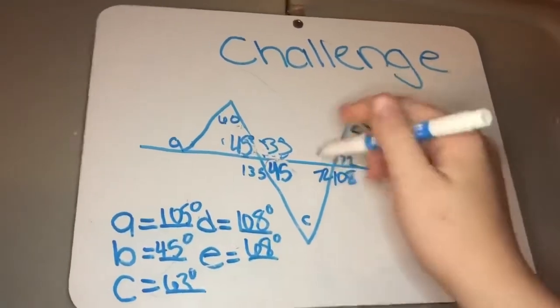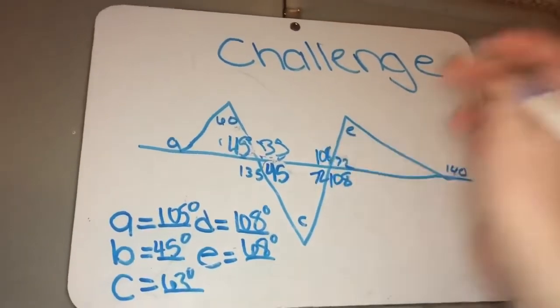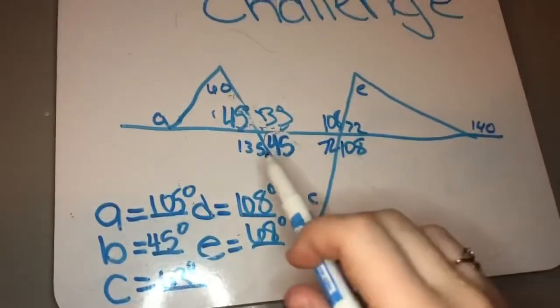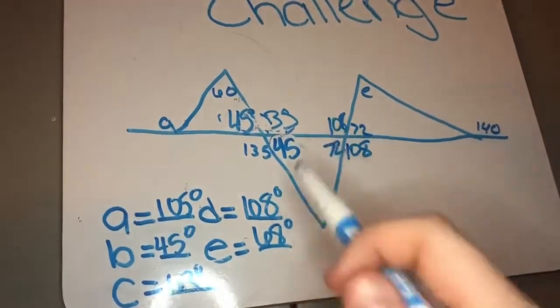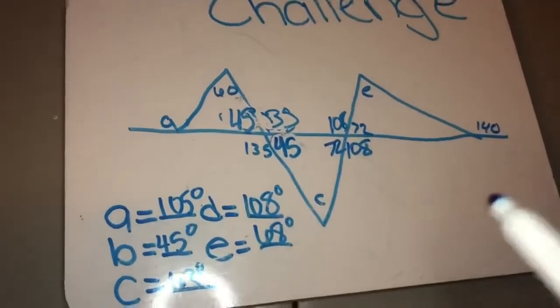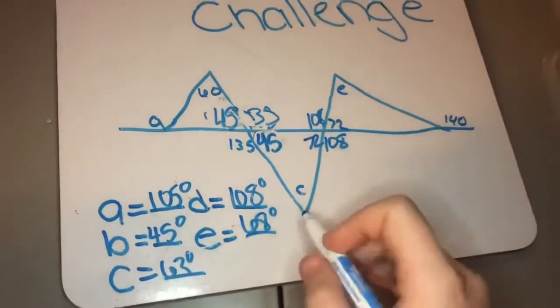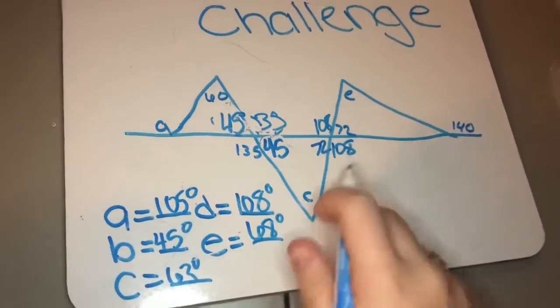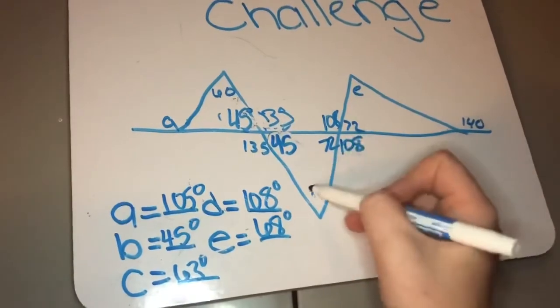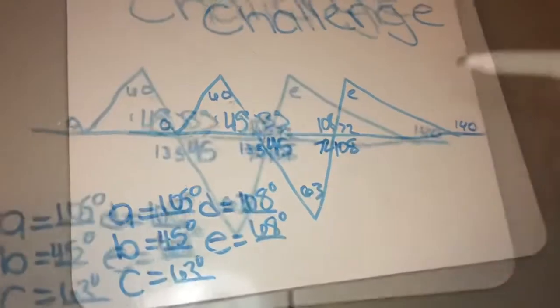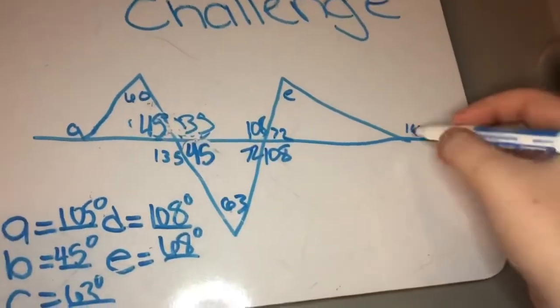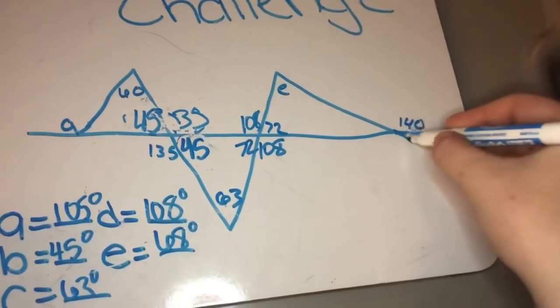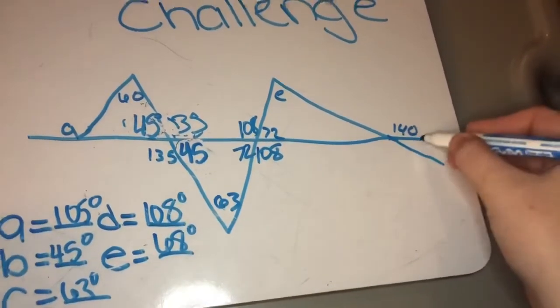Then you can take that out, put 108. Now, we're going to add 72 and 45 together to get 117. Then we subtract 117 from 180 to get 63. For angle E, to get a supplementary angle, we are going to extend that line down.